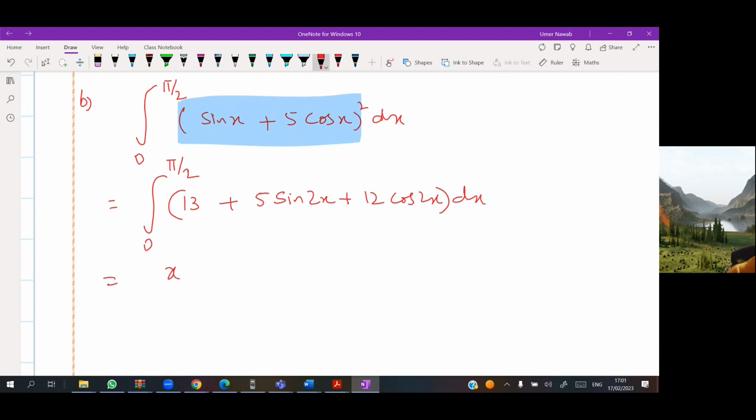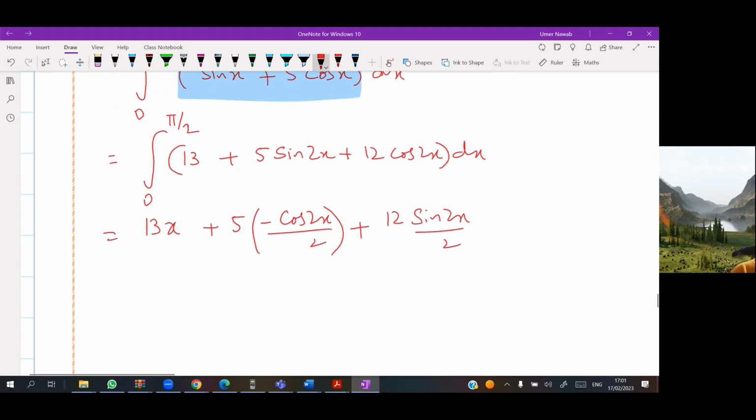Integration of 13x plus 5 minus cosine 2x divided by 2 plus 12 sine of 2x divided by 2, upper limit and lower limit.